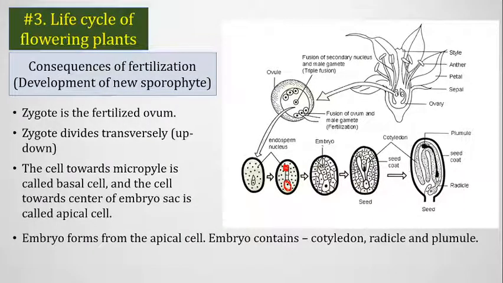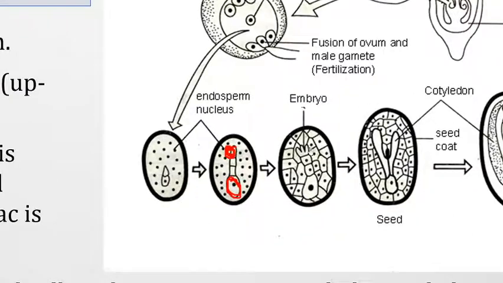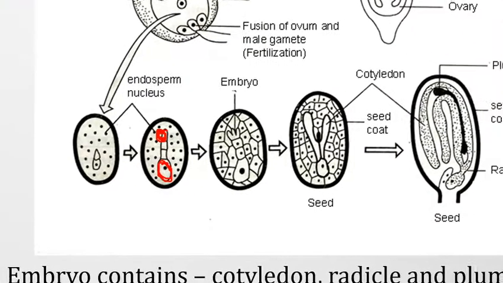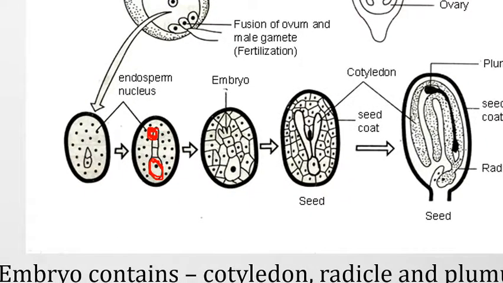And then from the apical cell the embryo is formed. So here we see that inside the ovule, the top cell, the apical cell, produces the embryo. The embryo elongates in length and gets bigger in size, and that's how this multicellular embryo produces different parts.